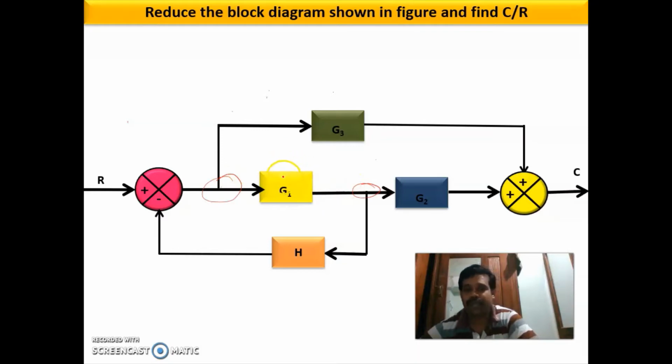So you have to multiply this block by 1 by G1. We will see these things in the next slide. So the modification is to move this branch point to this place.